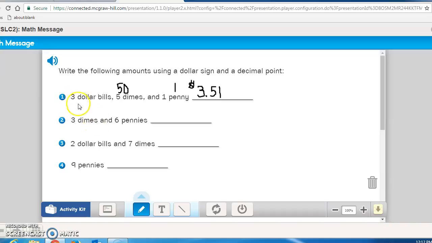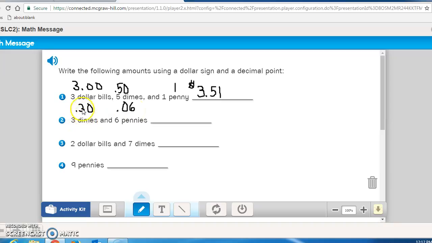3 dimes, well that's 30 cents, which we write as 0.30. And 5 dimes should have been written as 0.50. $3 would be written as 3.00. And 6 pennies, so 6 cents out of a dollar would be written 0.06.